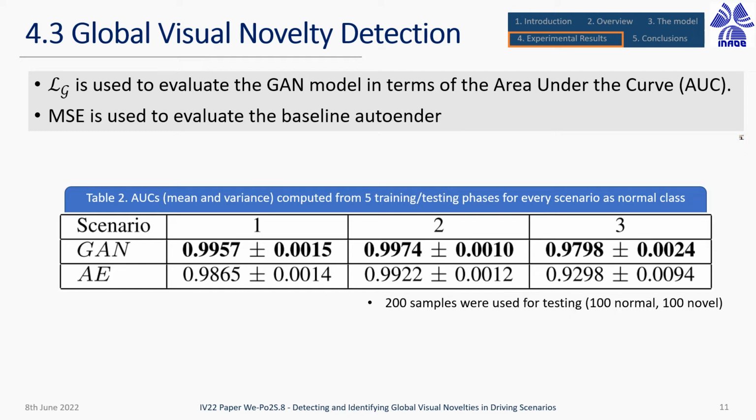As we can see, the GAN model surpassed the baseline autoencoder in all the experiments. We can see that while the GAN model can support visual variations of the normal driving scenarios without impacting its novelty detection performance, the baseline autoencoder decreases its performance when the normal driving scenario is more challenging. This behavior can be observed in the third scenario.